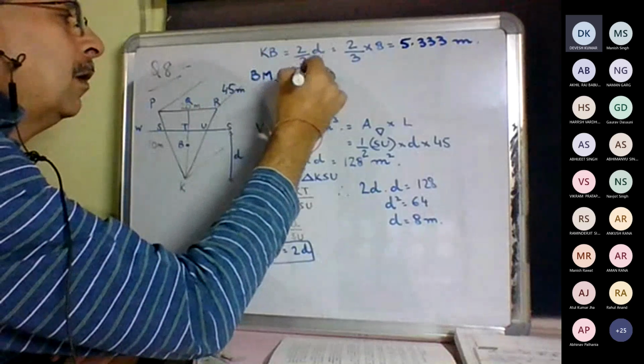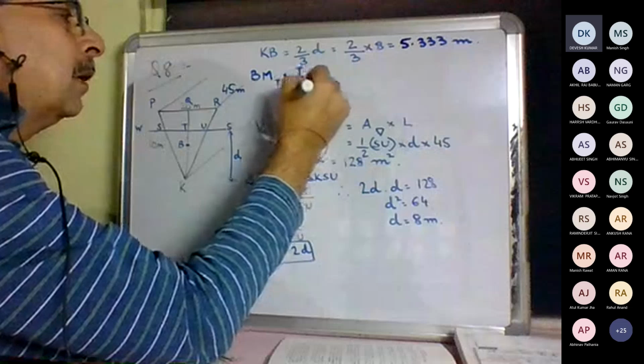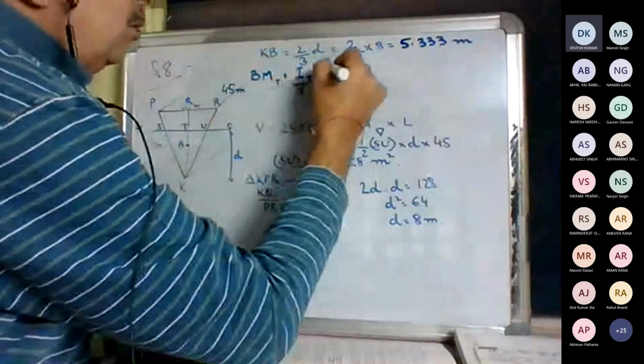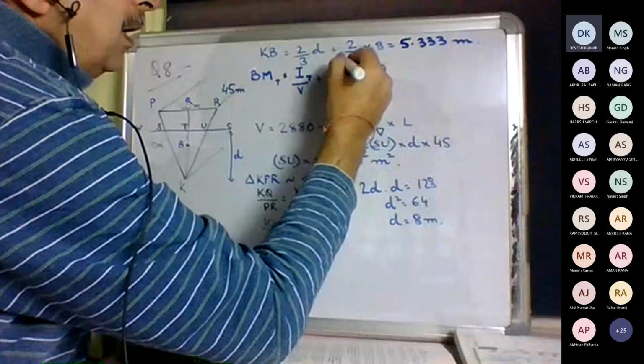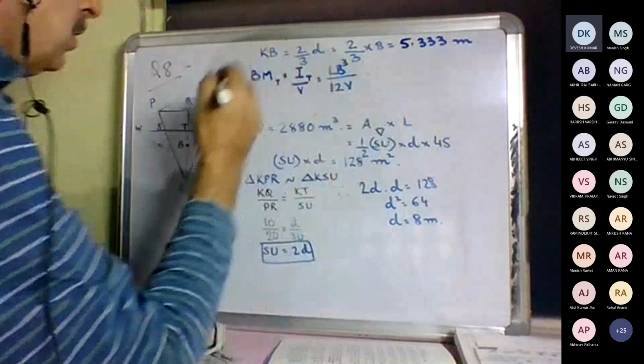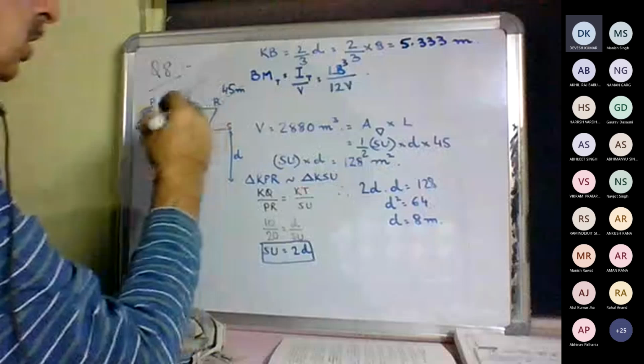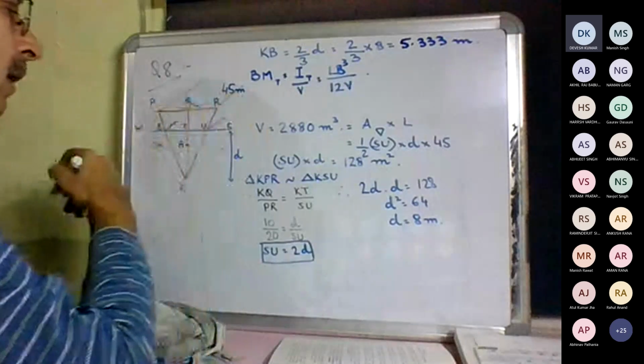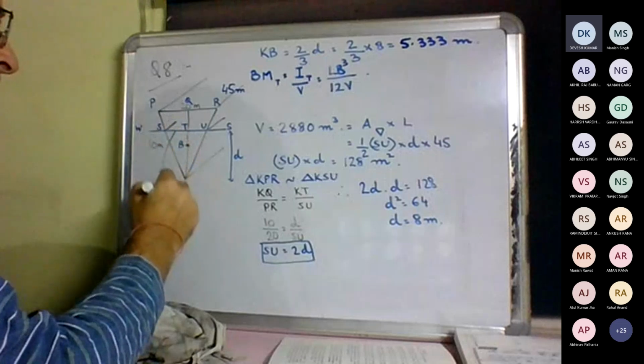BMT is IT by V, which is equal to LB cube upon 12V. Moment of inertia of the water plane. The water plane is a rectangular water plane about SU.